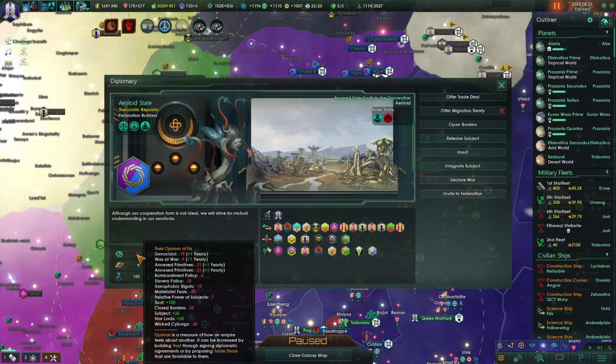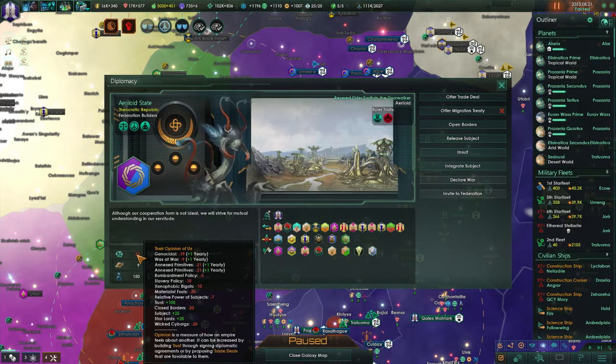And so, first of all, I was genocidal, minus 19, plus 1 yearly. I annexed some primitives, minus 21, plus 1 yearly, so I killed 2 primitive nations. And I have a slavery policy, minus 10. You can see that they have a plus 100 trust. I've closed off my borders to them because I'm also wicked cyborgs, and they're spiritualists, but not super spiritualists.